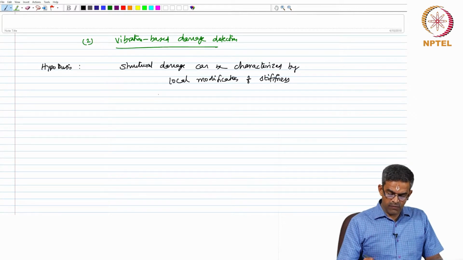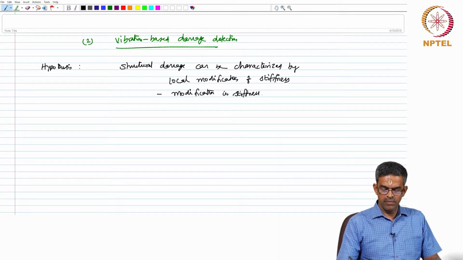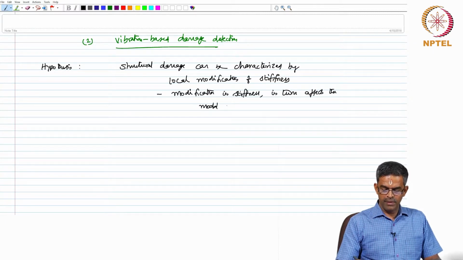The change in stiffness, or modification in stiffness, in turn affects the modal parameter.